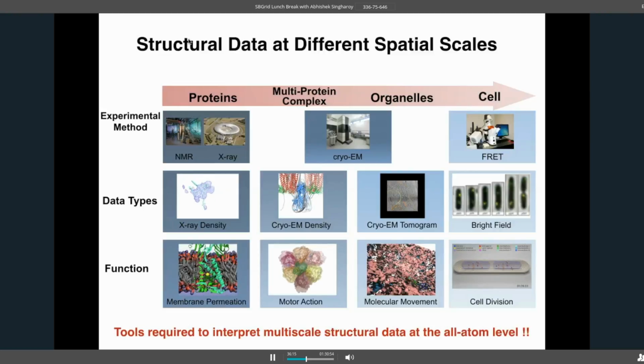This can be the structure of a protein, a complex, or even a cellular organelle, as I'll show later in the slides. So that's the aim: we want to model cell scale objects at all-atom resolution by integrating data from different experimental sources. With that, let's move on to the next slide.